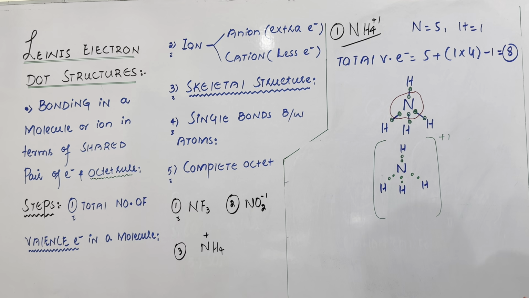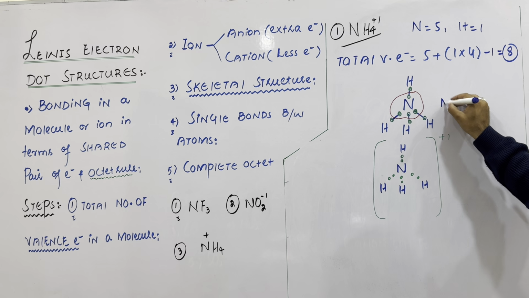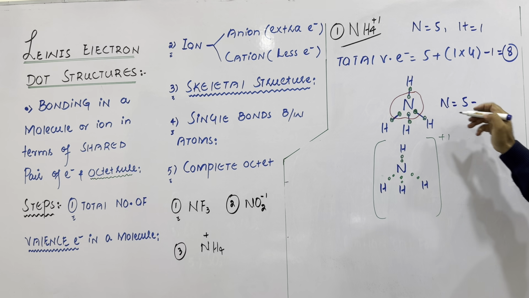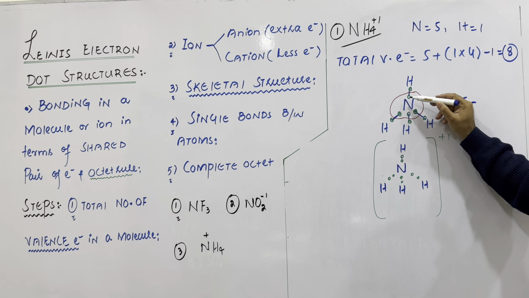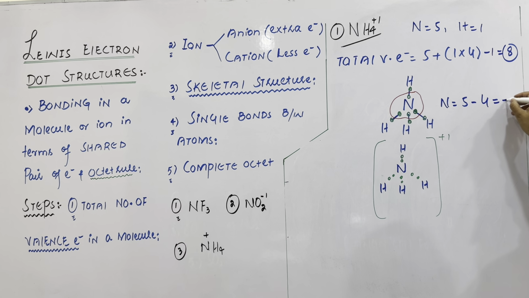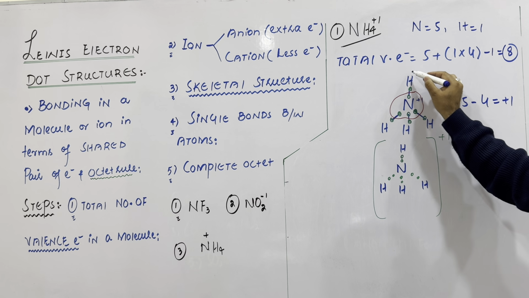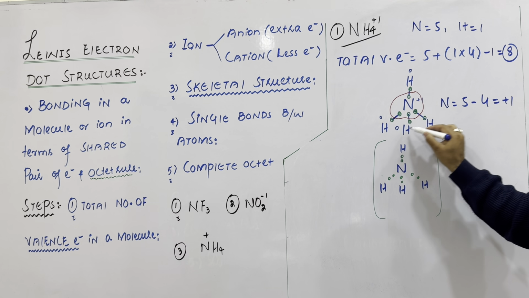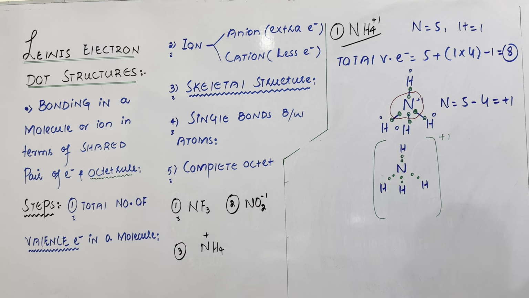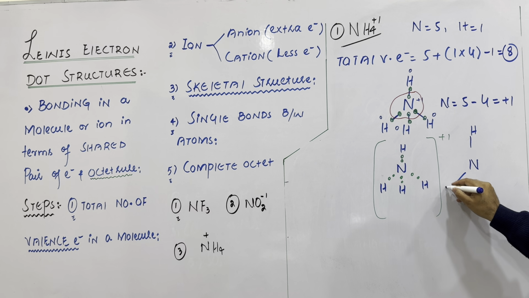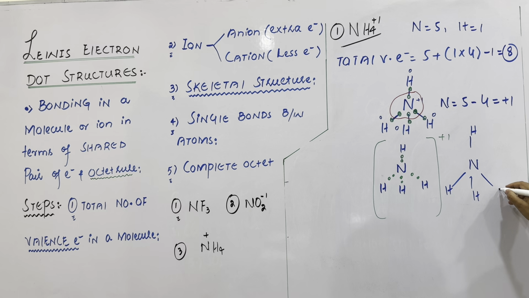Nitrogen belongs to group 5, so it has 5 valence electrons minus 1, 2, 3, 4. It is given 4 electrons in this Lewis dot structure. So it will have plus 1. This nitrogen will have plus 1 formal charge, and all hydrogens will have 0 formal charge. So the overall real charge on this ammonium ion will be plus 1. And its geometry will obviously be tetrahedral.